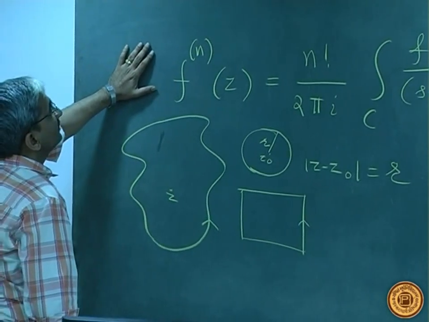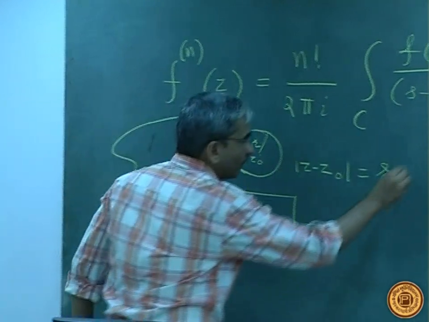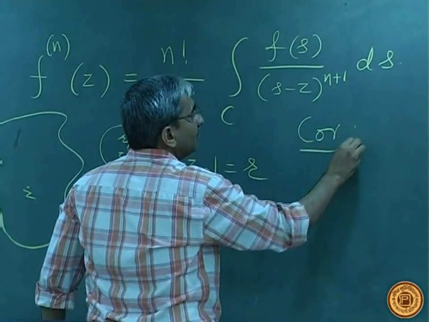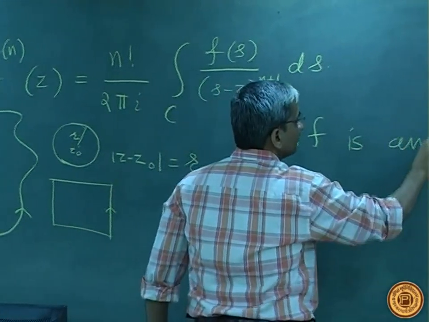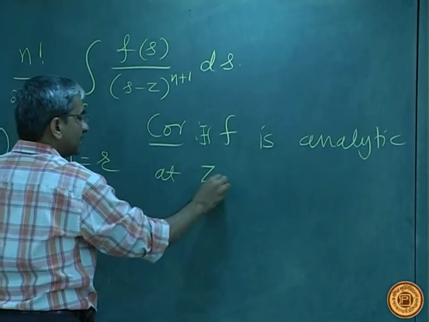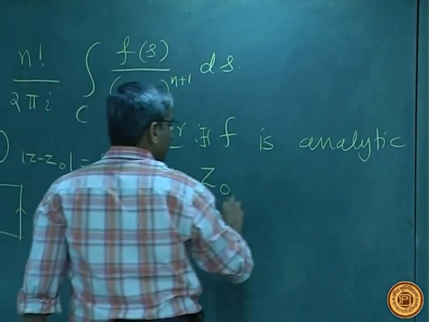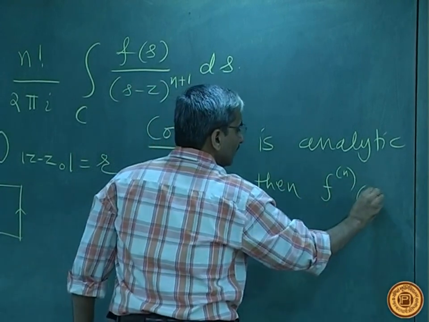That is, the nth derivative is obtained in this manner. And the important corollary that we saw is that if f is analytic at some point z naught, then the nth derivative function is also analytic.